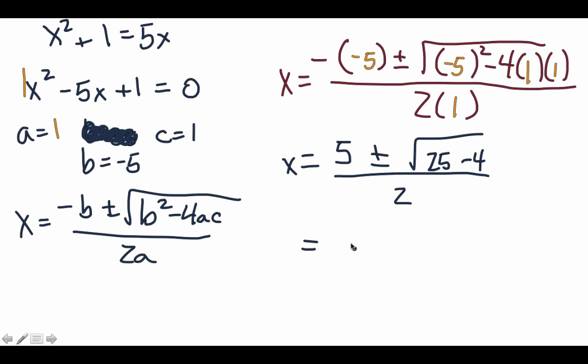And that becomes 5 plus or minus the square root of 21 over 2.